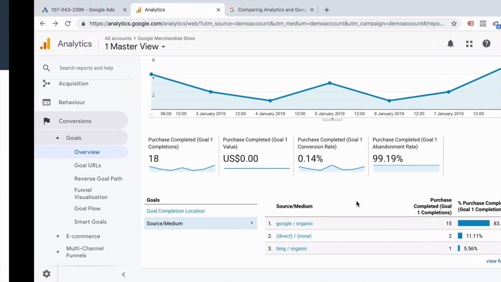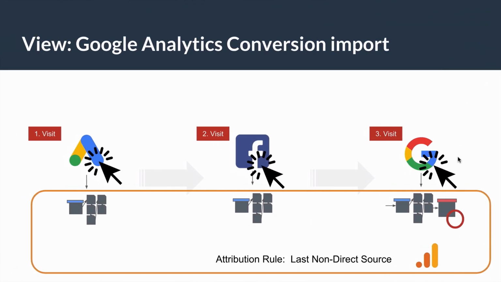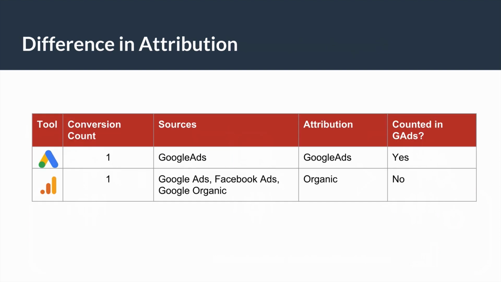But the crucial difference here when we look at our conversion tracking is obviously that there is no data that is sent over to Google Ads, although we are tracking the same thing, in that sense a conversion. Although Google Analytics sees that it at some point came through Google Ads, it will not send that data on to Google Ads.